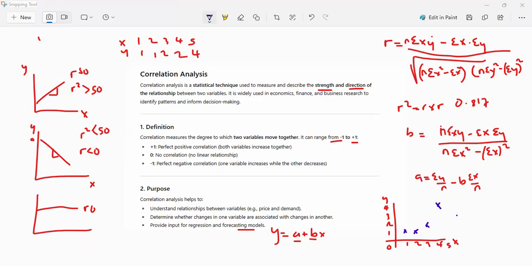Okay, so we'll fill in this table to calculate those particular figures as follows. X and Y columns can be written in that order.